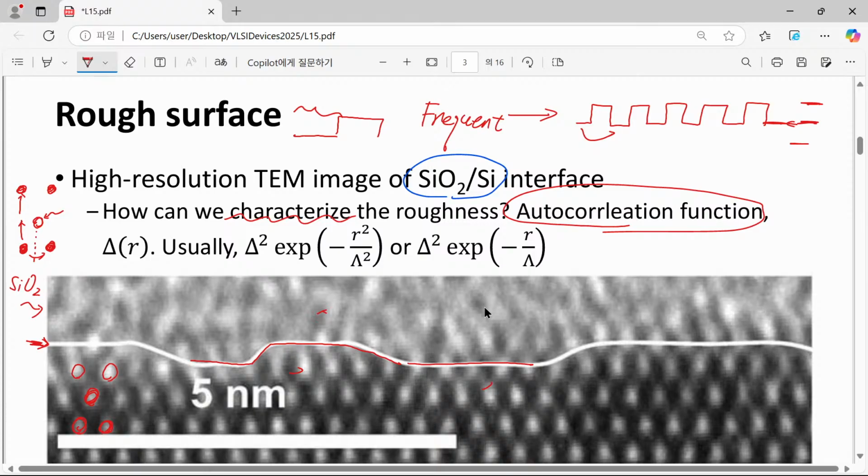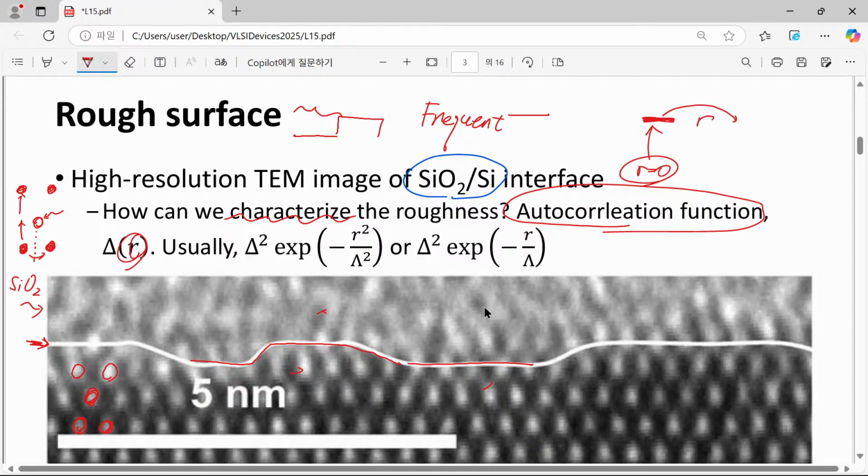It is simply given this way. Let's say I take a position as the origin, and starting from this value, I go a certain amount, written here as r.